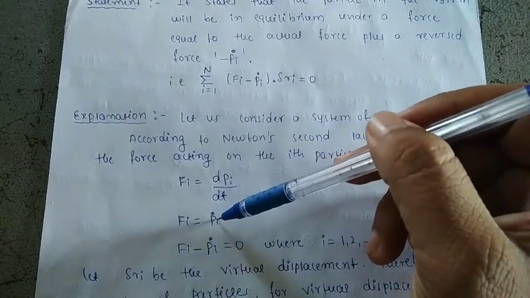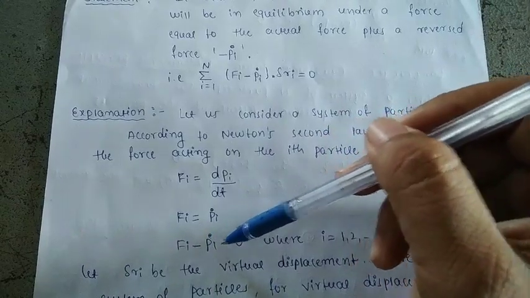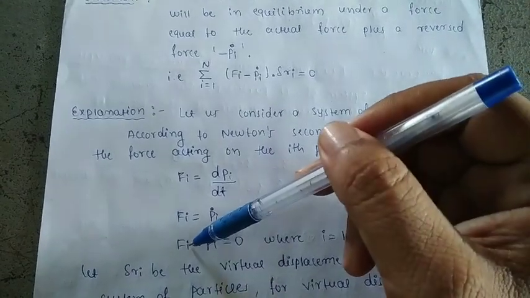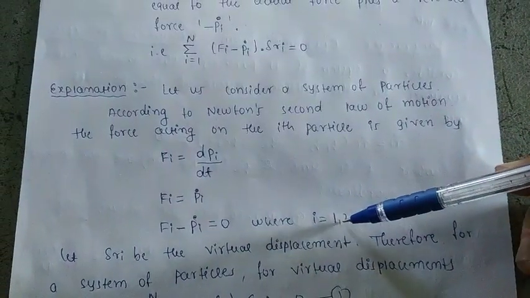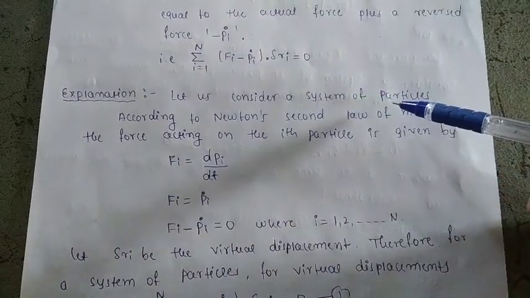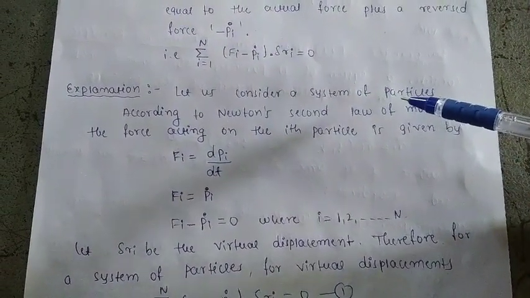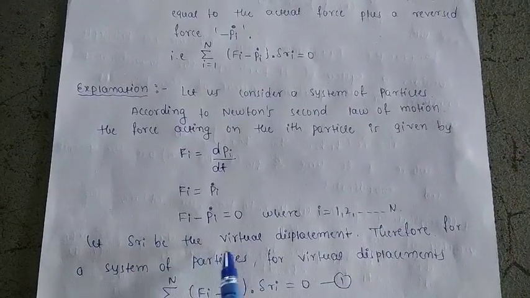Take this p_i dot to the LHS: F_i minus p_i dot is equal to 0, for the ith particle where i is equal to 1, 2 up to n. Let this system of particles have a small displacement, that is, let delta R_i be the small displacement.